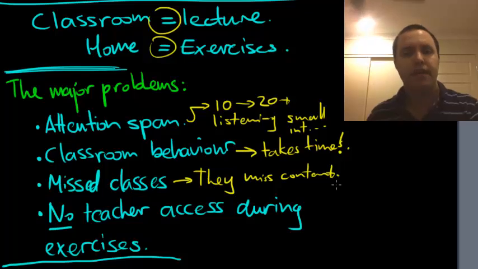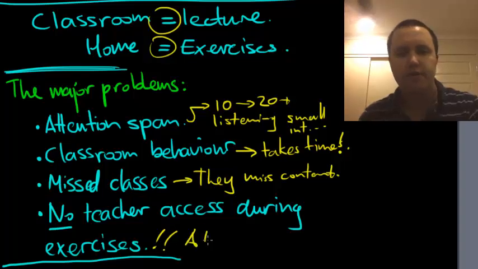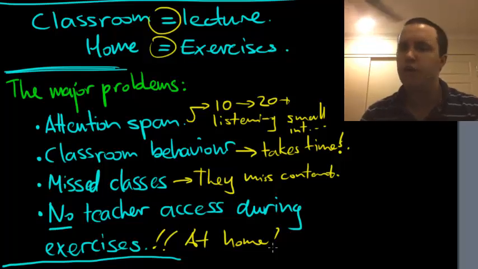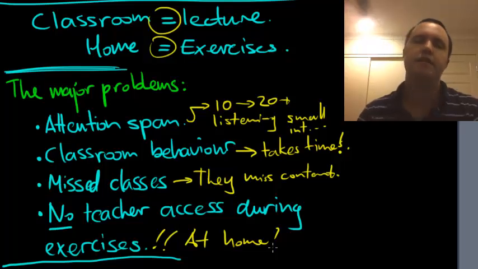And probably most importantly is no teacher access during exercises. So at home, when your child's doing their homework, I am not there. It's obvious, but it's a big problem, because it means if they're having any dramas, if there are any issues, I'm not there to ask questions.